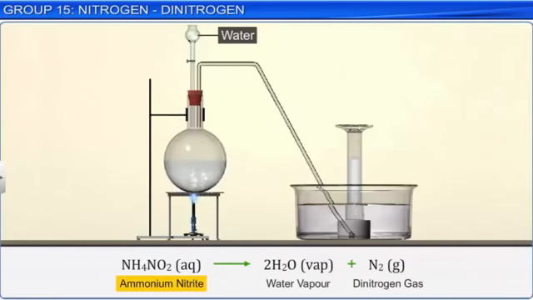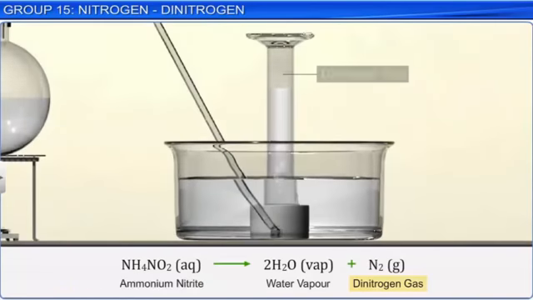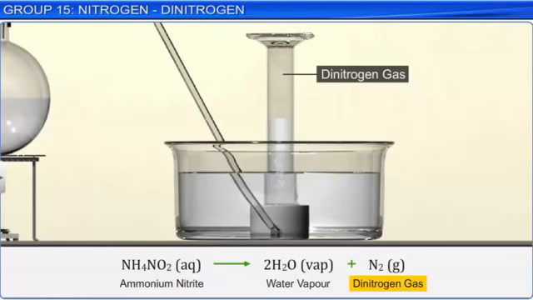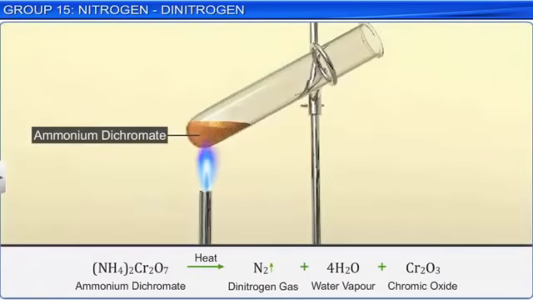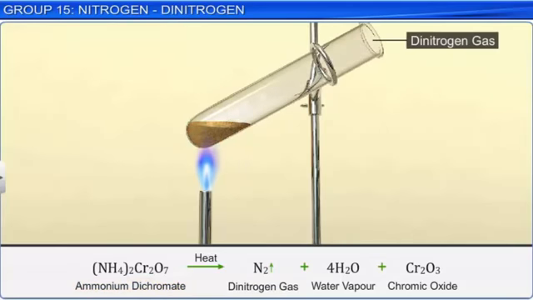The ammonium nitrite so formed immediately undergoes decomposition to liberate dinitrogen gas. Dinitrogen can also be obtained by thermal decomposition of ammonium dichromate. The chemical equation corresponding to this reaction is shown here.